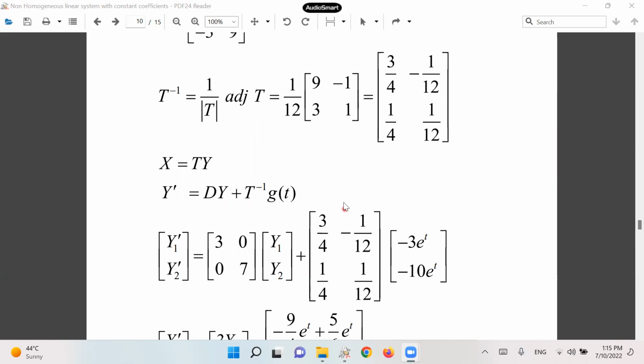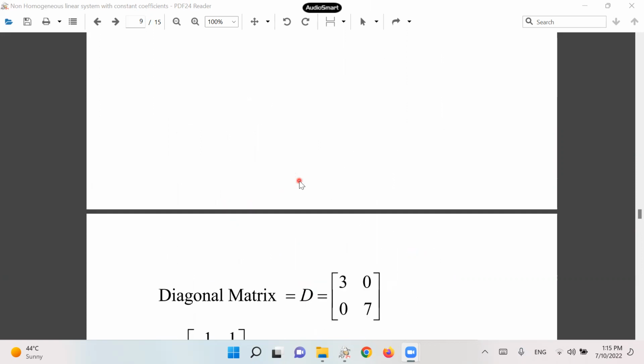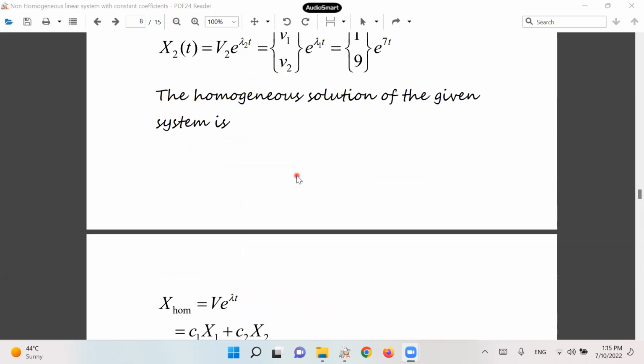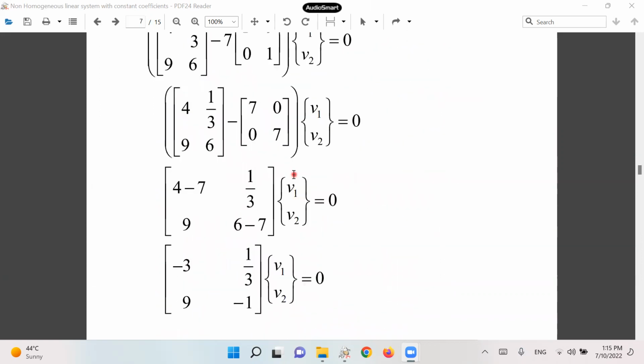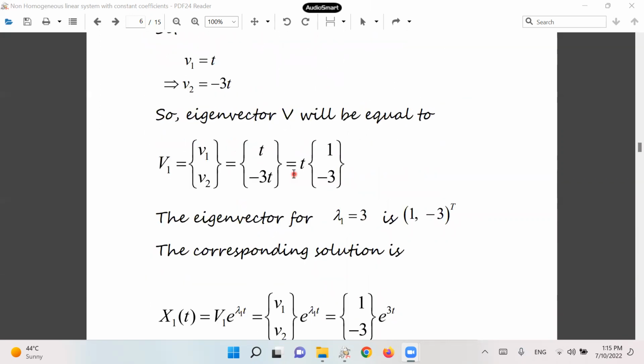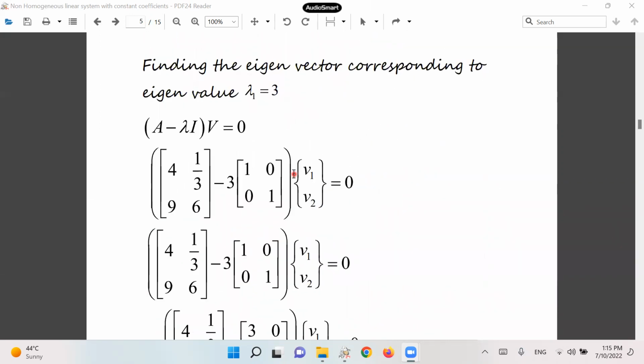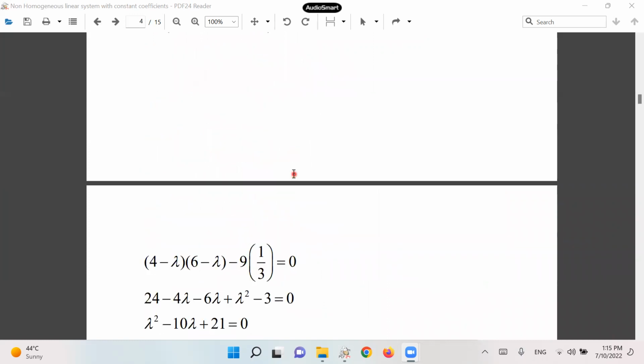This is the inverse of T. G of t is minus 3 into e power t and minus 10 into e power t. This we get as the g of t part from the question. In the question it is given what the g of t part will be. So in the question, if we see, it is written over there.